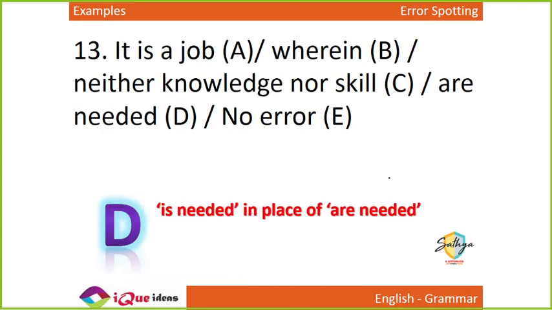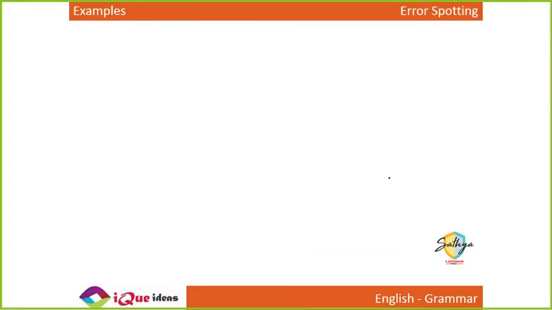We consider neither nor as singulars. So it is a job wherein neither knowledge is needed nor skill is needed. You can split the sentence and check. We say neither is needed nor is needed. So neither nor will take the singular form is.